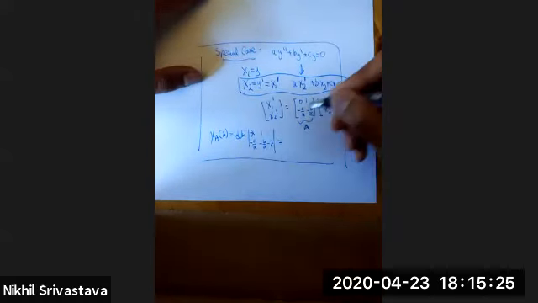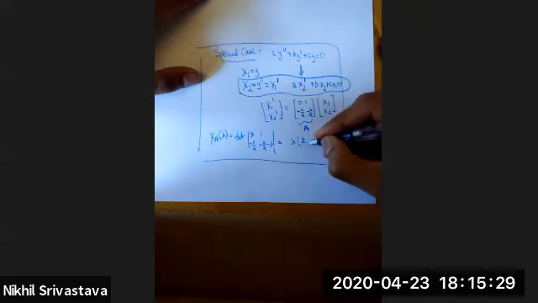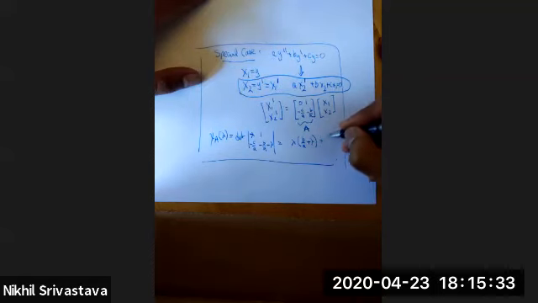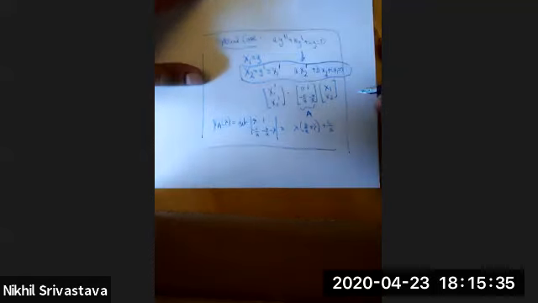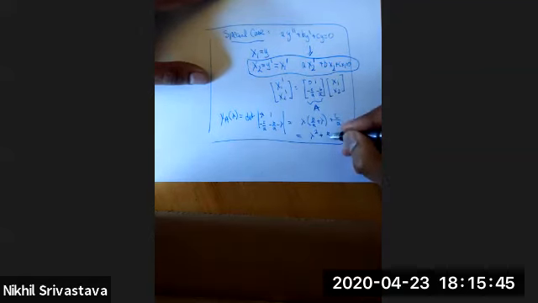So if you compute this, what do you get? You get lambda times b over a plus lambda, the minuses cancel, plus c over a, right? Which is lambda squared plus b over a lambda plus c over a.